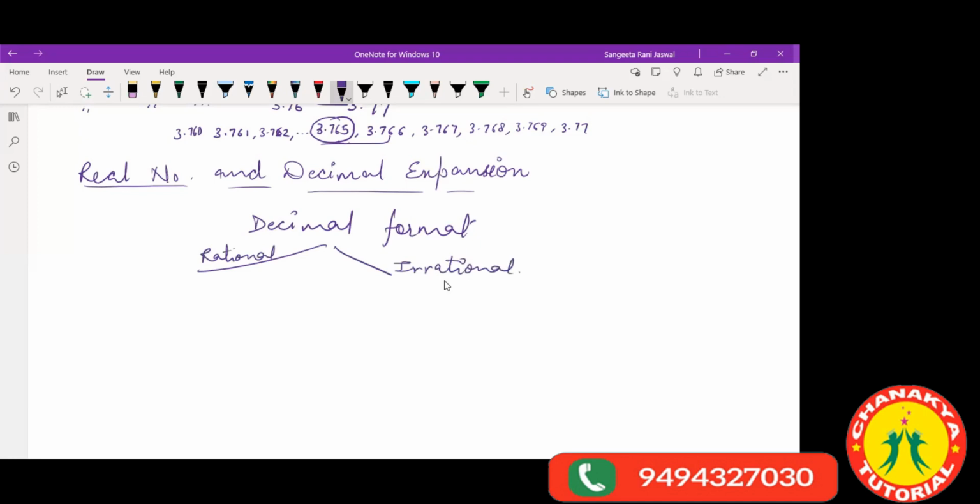Now suppose rationals are terminating. Terminating means whose remainder is 0. Then you have non-terminating and repeating, like 0.333 and so on, 0 point any number that you have repeated.